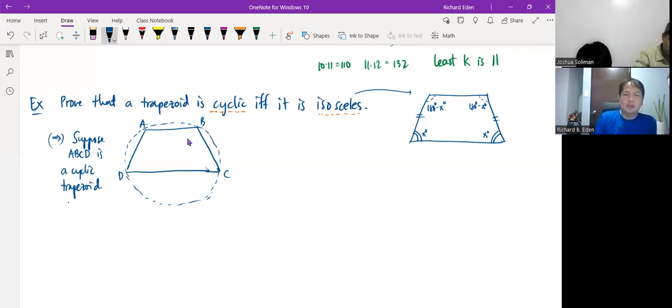And here in this figure, AB and CD are the parallel sides. So that's the assumption. Let us prove why this must be isosceles. Why must this be an isosceles trapezoid? Bakit kaya?